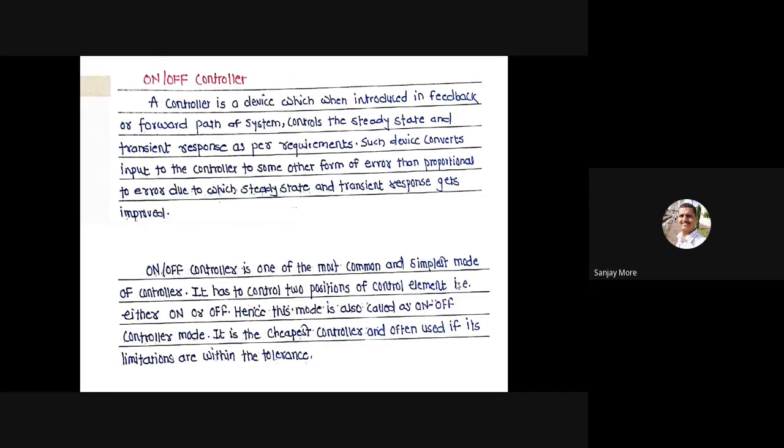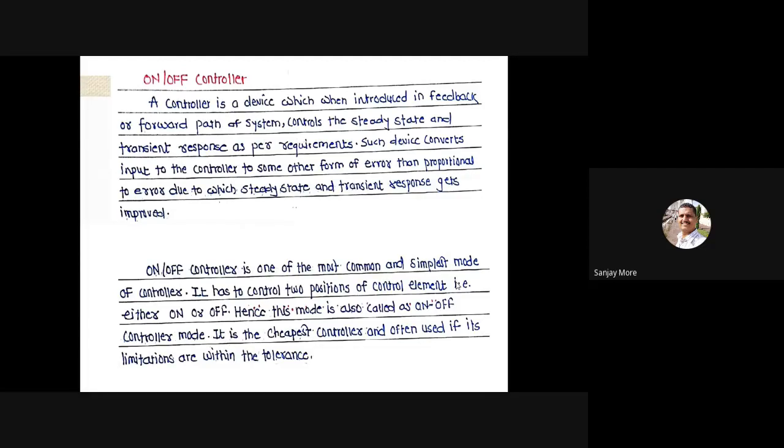Okay. This is the common and simplest form of controller. It has to control only two positions of the control element, that is either on or off. Hence this mode is also called on off controller mode, and this is the cheapest controller, often used if its limitations are within the tolerance. Okay, so this is the simplest form of controller. Only two outputs are there, whether it is on or off. So understood?